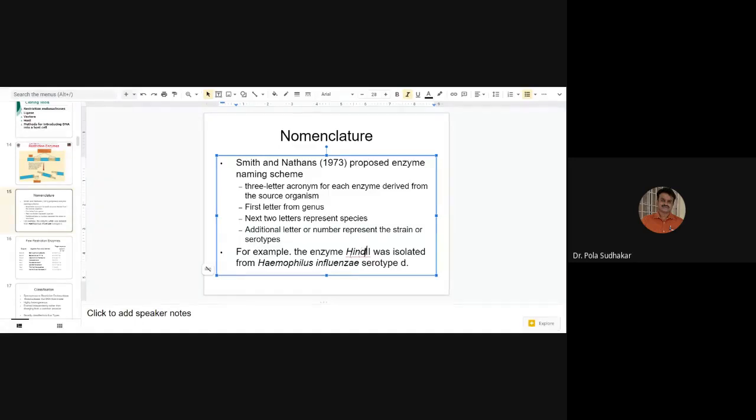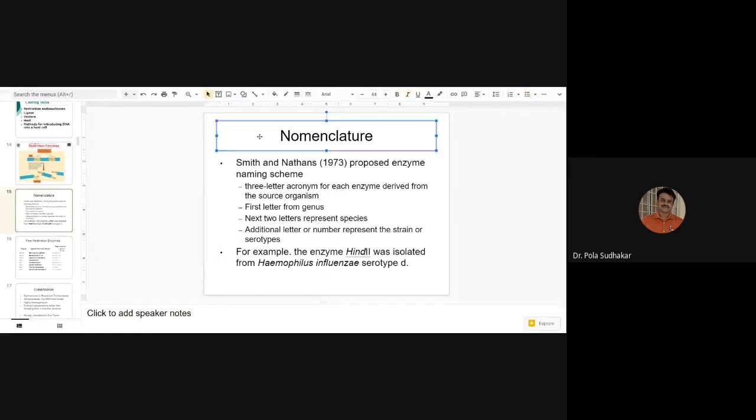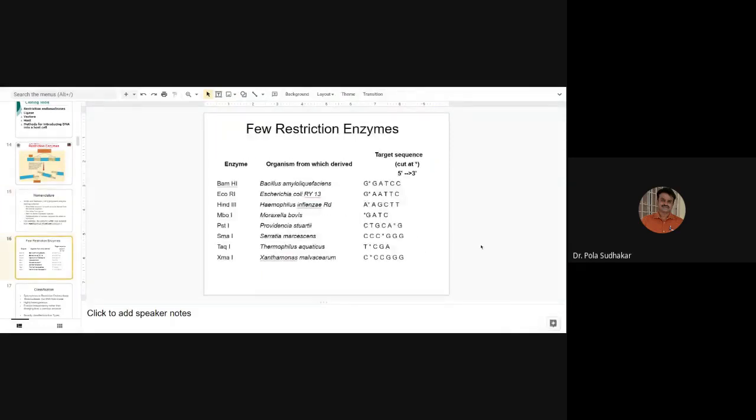Here, for example, the enzyme HindII was isolated from Haemophilus influenzae serotype d. So these are the points you have to consider for nomenclature, and there are many enzymes. Here I am showing a few restriction enzymes: BamHI, EcoRI, HindIII, MboI, PstI, SmaI, TaqI, XmaI.